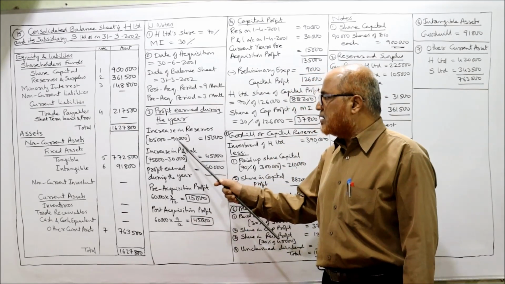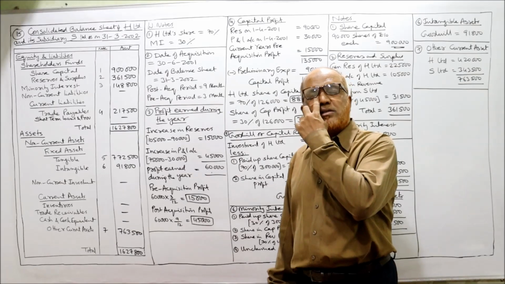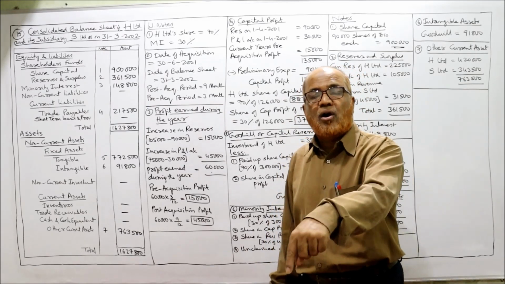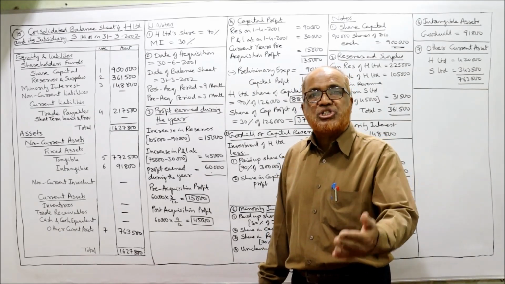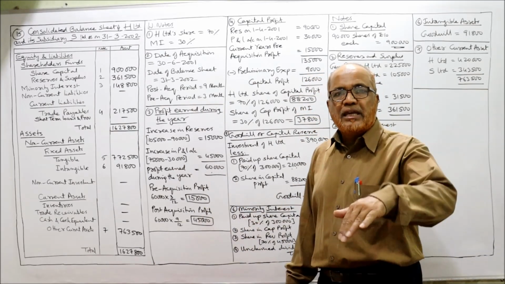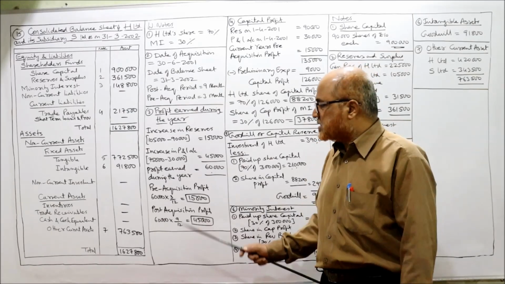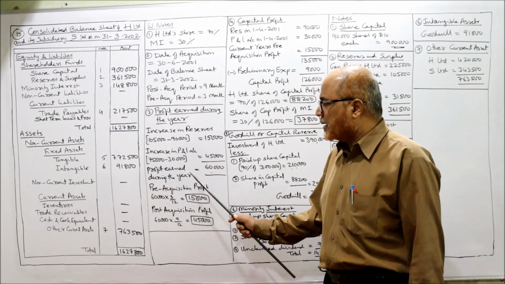Similarly, the profit and loss account balance at the beginning of the year is 30,000, whereas at the end of the year it is 75,000. So how much increased? 75,000 minus 30,000, 45,000. So increase in reserves plus increase in P&L account, total increase 60,000. This is the profit earned during the year.